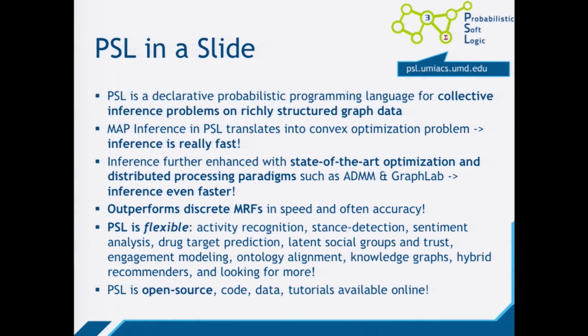And it's open source. It's available from that URL. There's data, tutorials, and so on. So hopefully I managed to sell it to you in less than an hour-long talk.